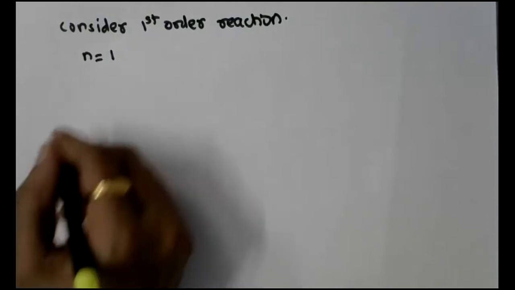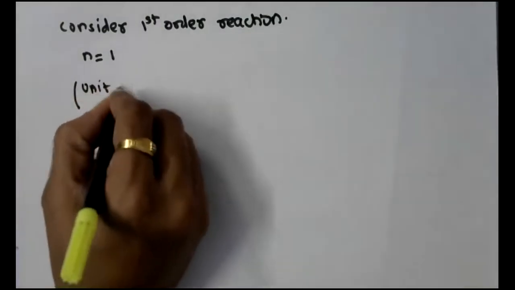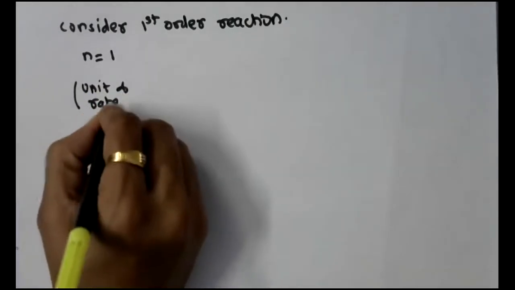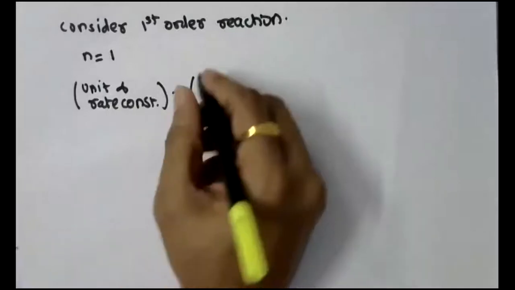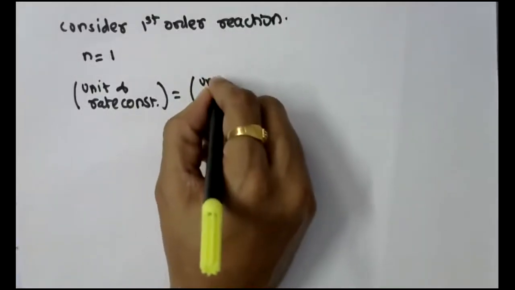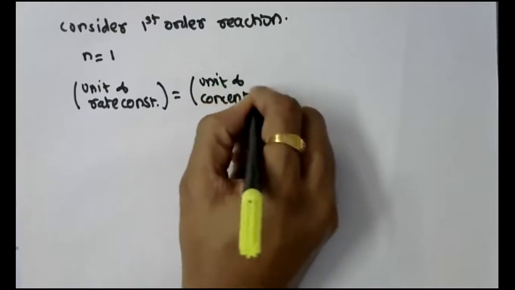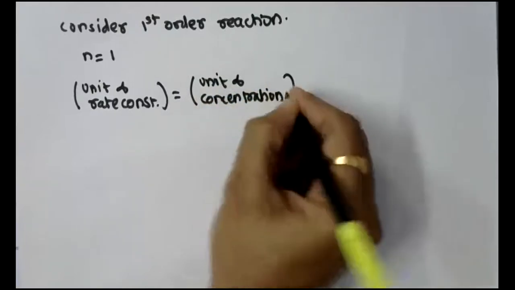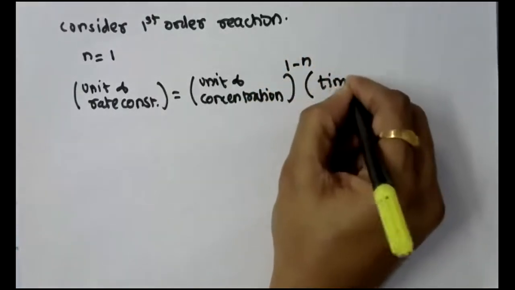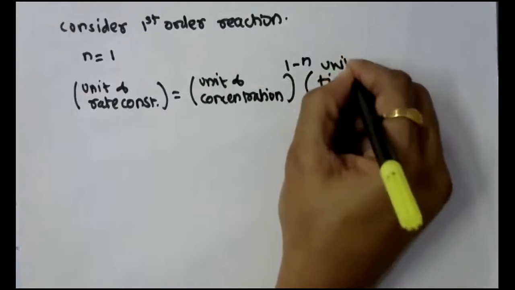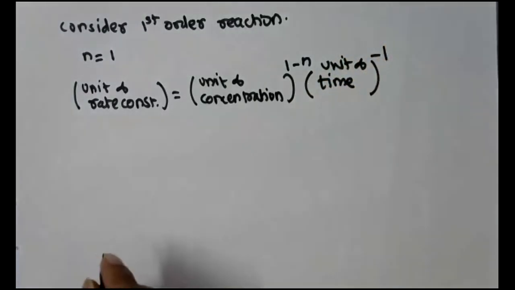We have just derived the expression that unit of rate constant is equal to unit of concentration raised to 1 minus n into unit of time raised to minus 1.